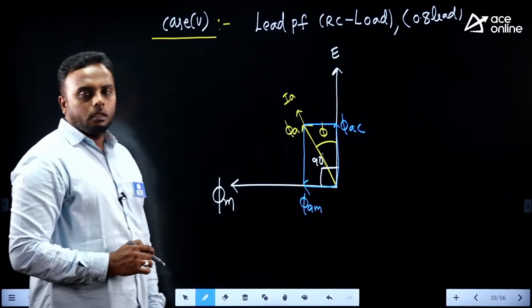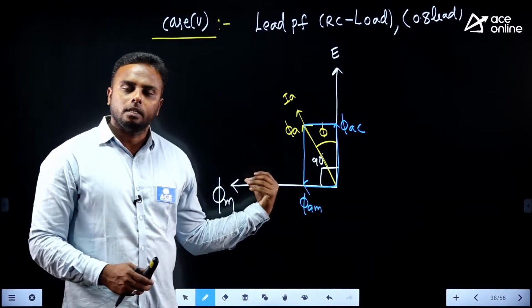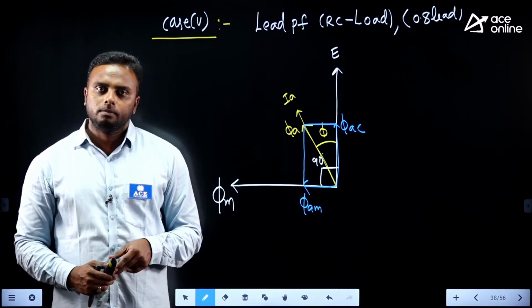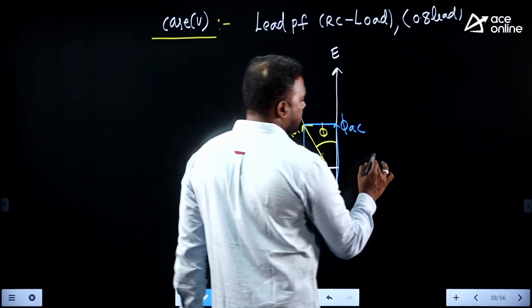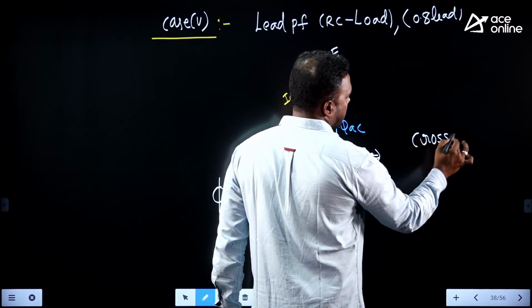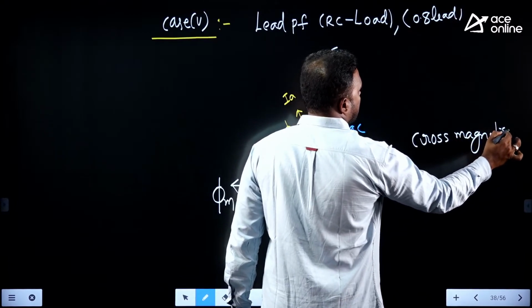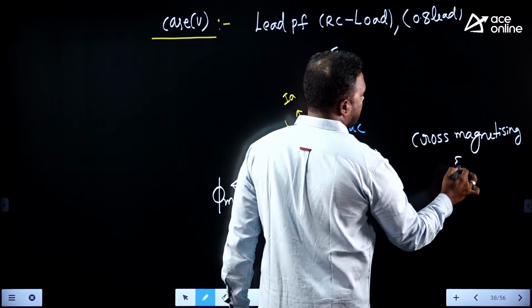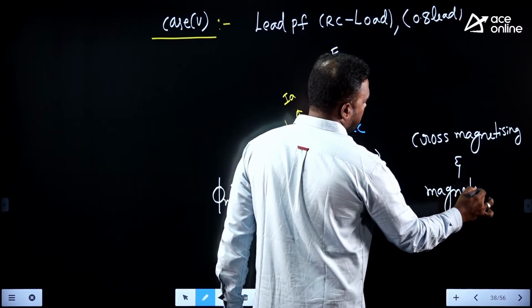Now some part is cross magnetizing, some part is magnetizing. So two effects are there. Therefore the effect of armature reaction is both cross magnetizing and magnetizing effect.